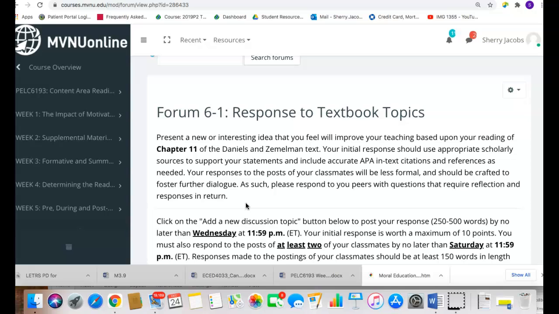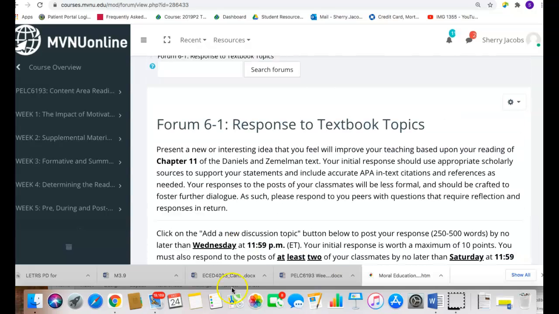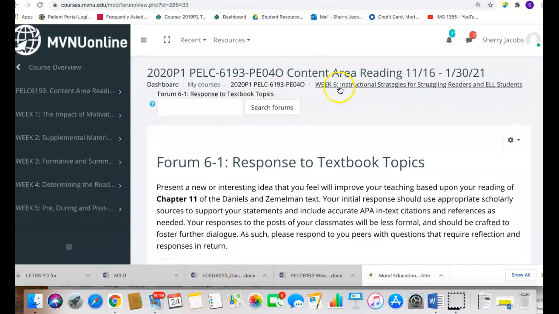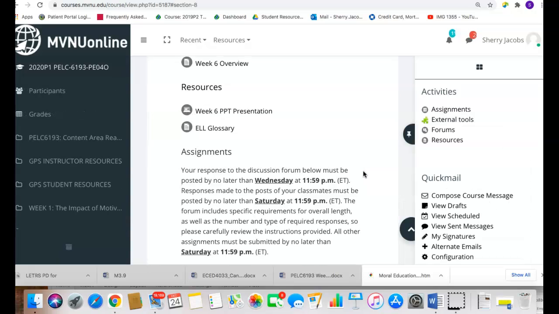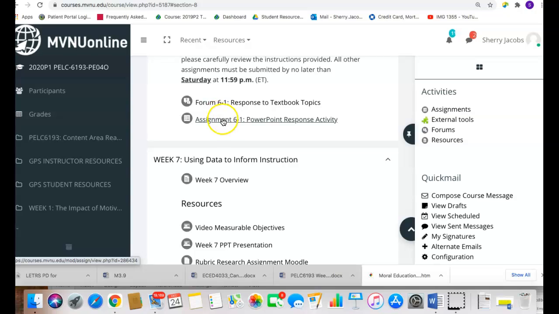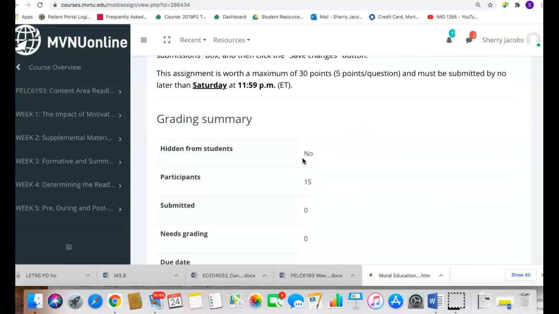We're again looking at how you might improve your instructional reading skills, based on your reading of Chapter 11 in the Zimmelman text. And now we're looking at the PowerPoint response activity.